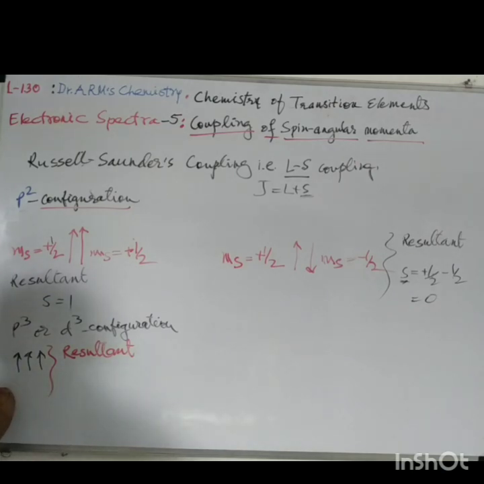So ms for each electron is plus 1/2: this is plus 1/2, this is plus 1/2, and this is plus 1/2. Plus 1/2 plus 1/2 plus 1/2 gives 3/2, so that is the total ms, meaning this is the S value. So here S is equal to 3/2.